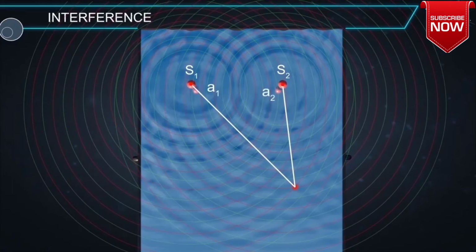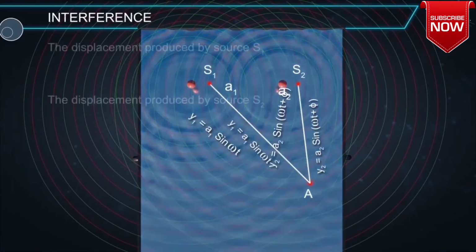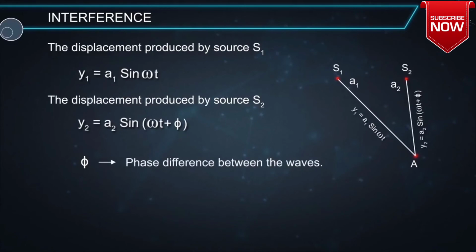Consider an arbitrary point A. If the displacement produced by source S1 at this point is y1 equals a1 sin omega t, and the displacement produced by source S2 at this point is y2 equals a2 sin (omega t plus phi). Here phi is the phase difference between the waves.